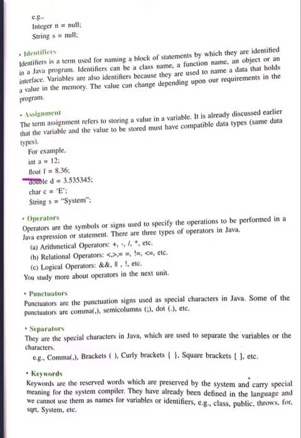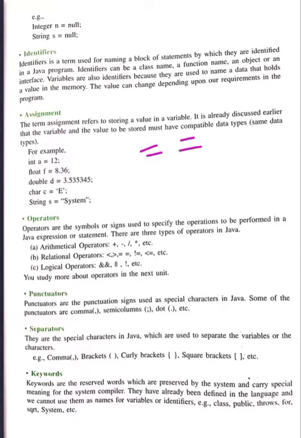If we are writing float, that should be in decimal. That means the variable and the value to be stored must have compatible data types. Double, then it should store the double value. If it is char, then it should store a character. If it is string, then it should store a string in double quotes.